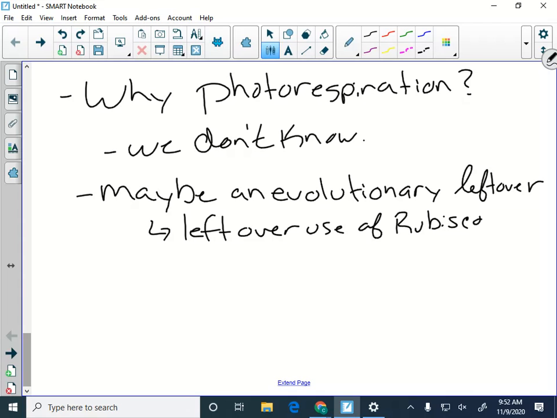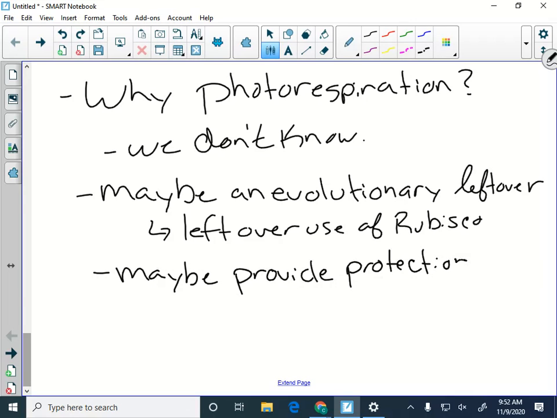We also think that it could maybe provide protection. Maybe that much oxygen in a plant cell could be considered toxic. So it's worth it to use energy to get rid of that oxygen. That could be another example.